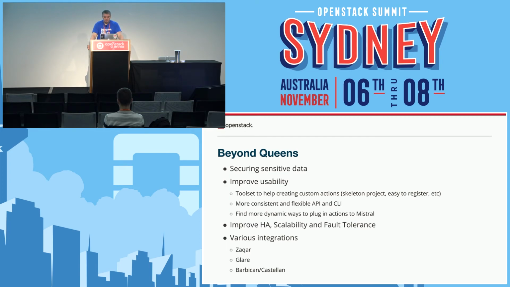Also, one of the things we keep looking for is how to make our Mistral actions more dynamic. Right now, there is only one mechanism to plug in new actions, which is basically to write the Python code, shut down Mistral, and install our project containing actions, and it will use Stevedore to plug in new actions.